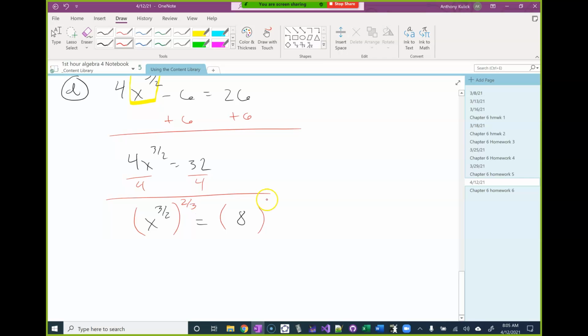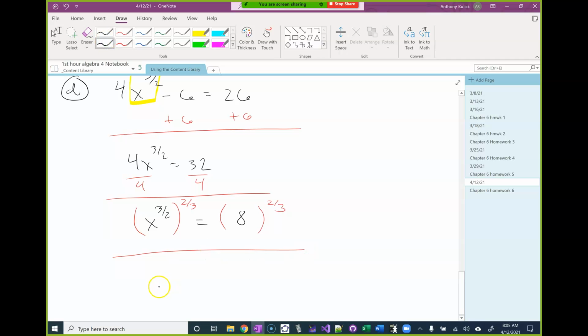Why 2/3? Right, because when we have the exponent of an exponent, they multiply. So you want to use the reciprocal exponent, right? Everybody's okay with that?